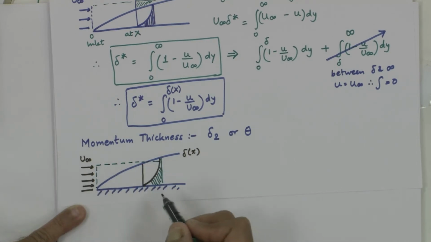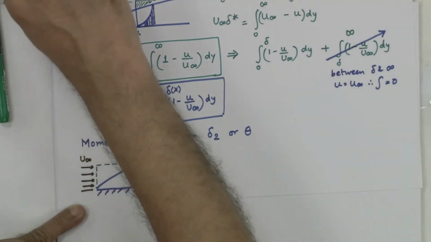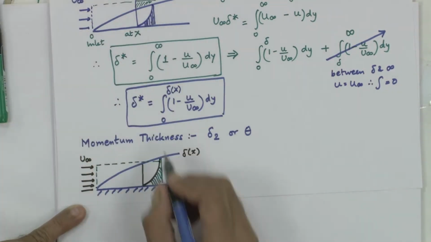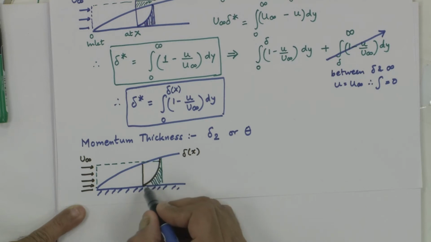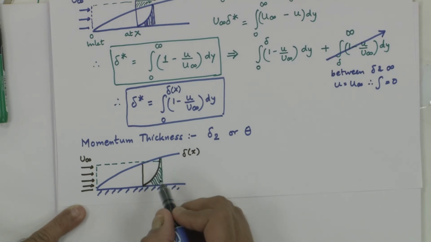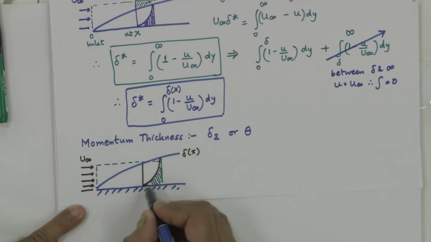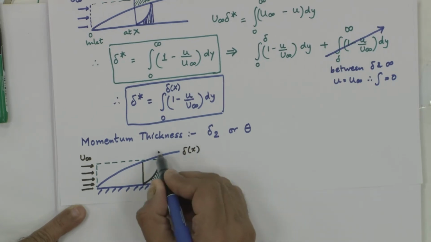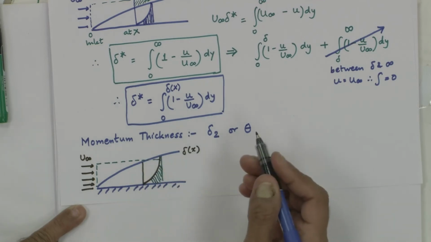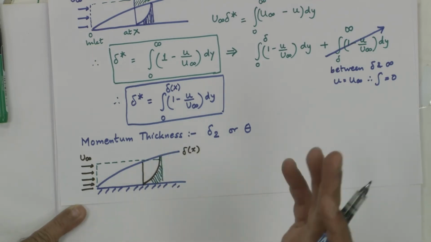This control volume has a velocity at exit. Remember, the velocity profile would always be such that it is 0 at the wall and 0.99 times u infinity at the edge of the boundary layer, that is the definition.